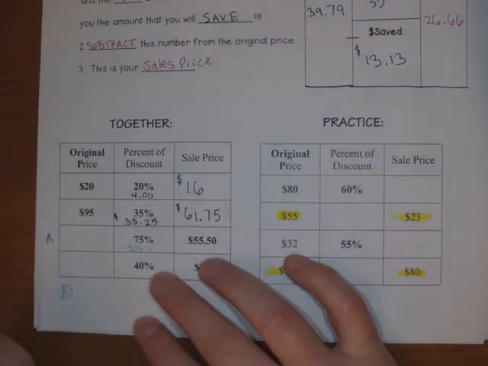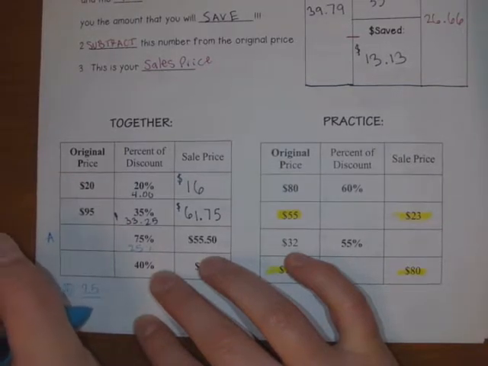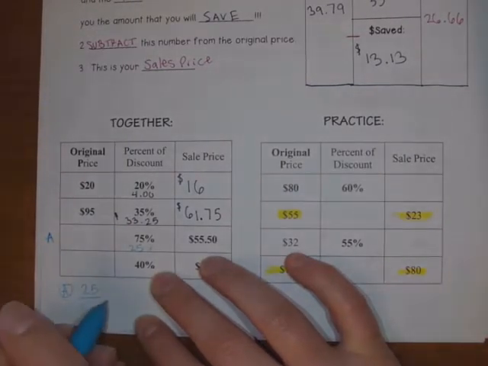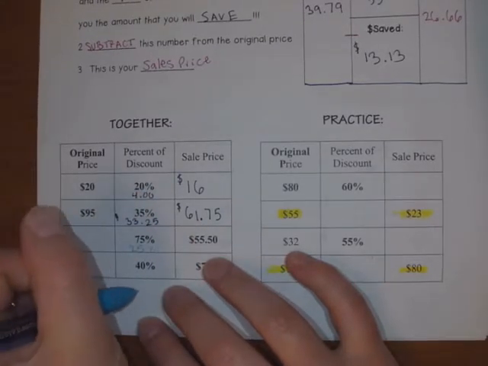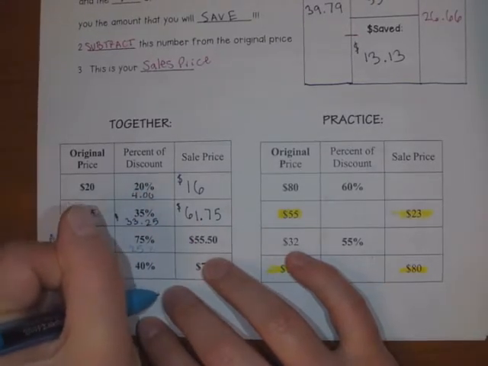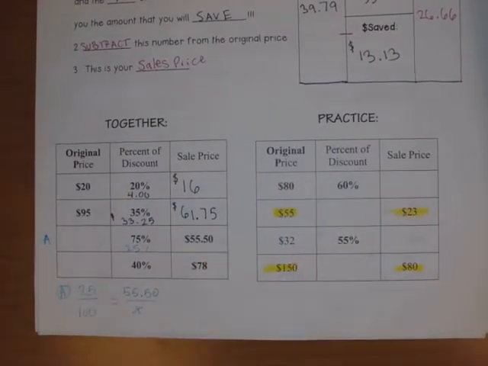It's the opposite because percents have to add to 100. Okay, so you're paying 25 out of 100. And that is going to equal the $55.50. Okay.